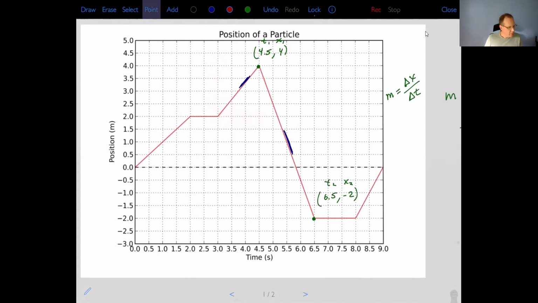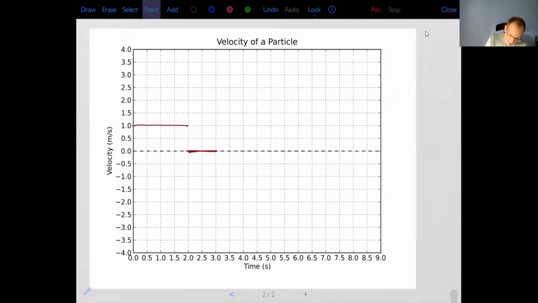So what's 2 divided by 1.5? That's 4/3, I believe. So 4/3 should be the slope, which is like 1 1/3. So something like this.